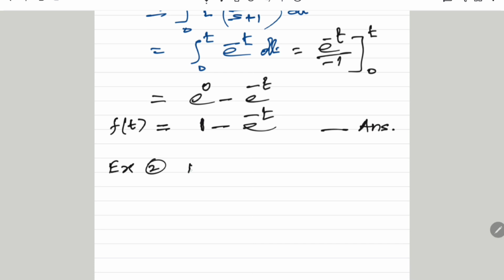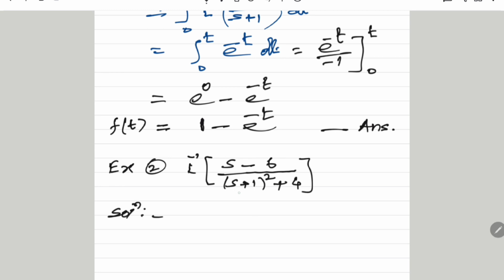Second example, find inverse Laplace of s minus 6 divided by s plus 1 whole square plus 4. To find the inverse, if we see the term in the denominator, here s is replaced by s plus 1.